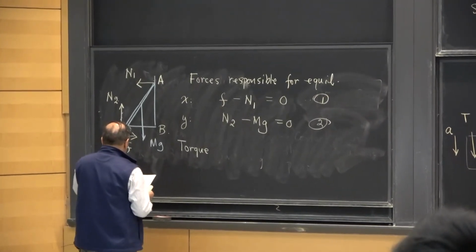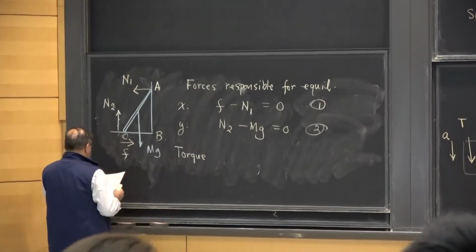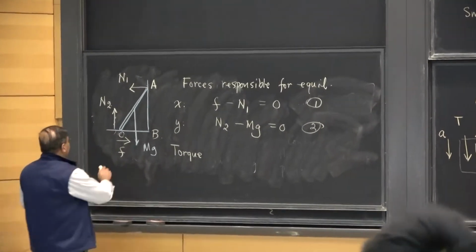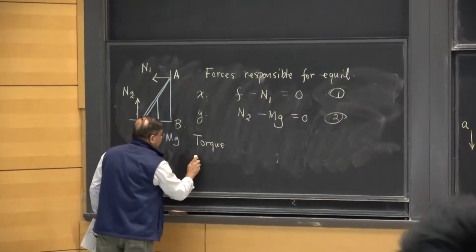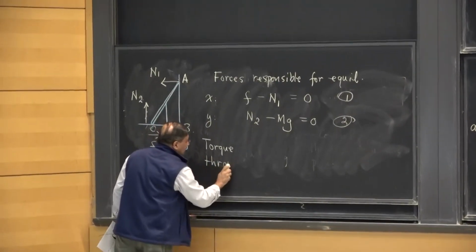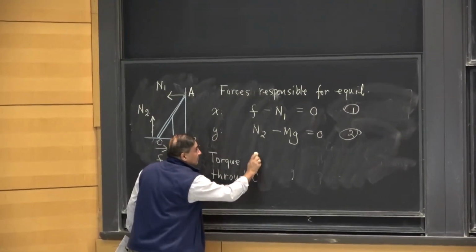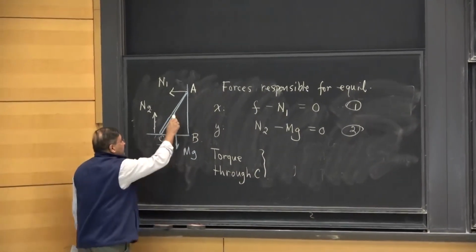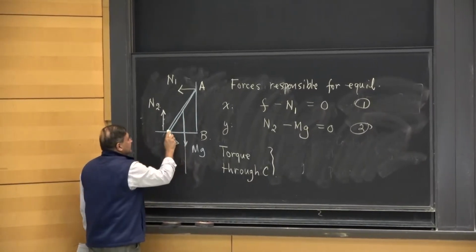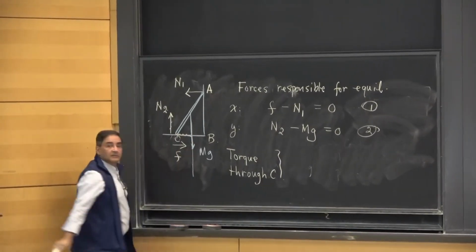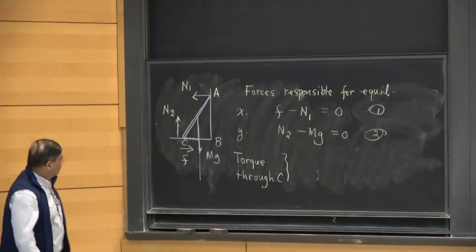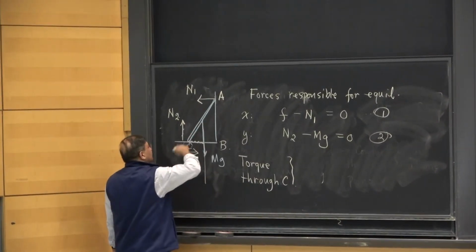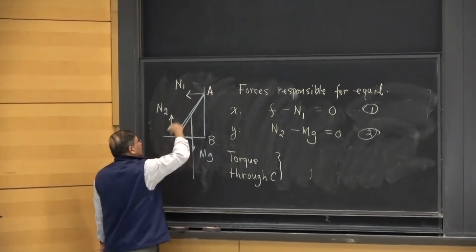Let's say I also need to know an angle here, so I'll have to give you some more information. But for now, if I take the torque through C, this mg force has a perpendicular distance with regard to C. So I need some information about the lengths here.